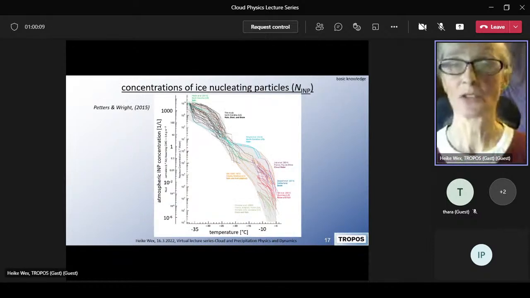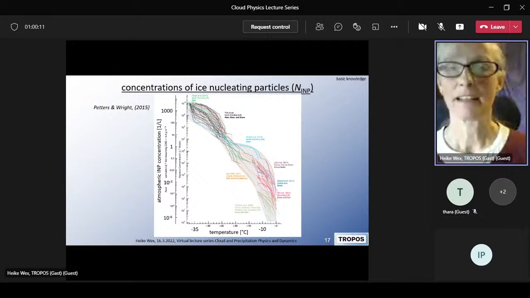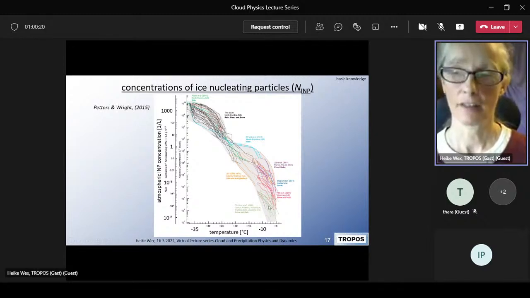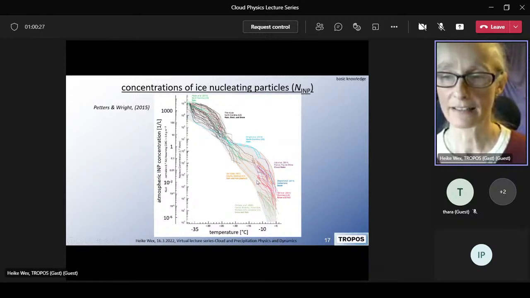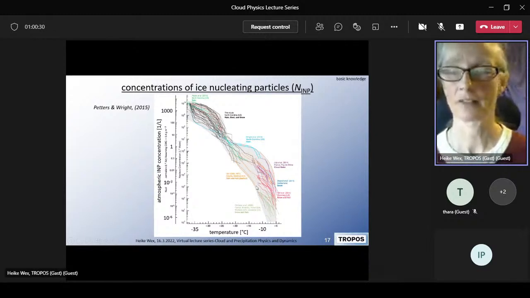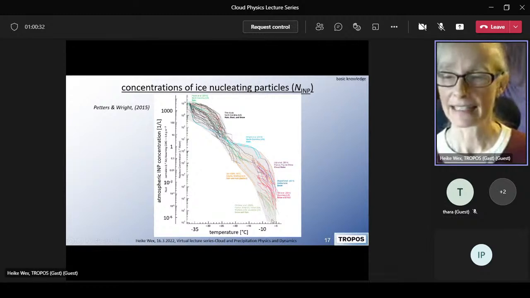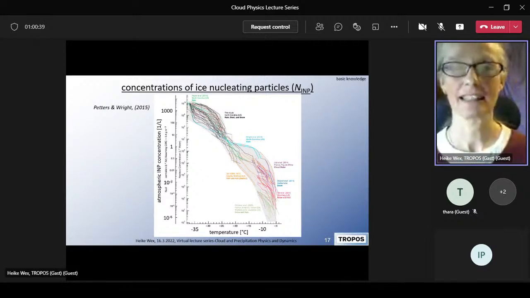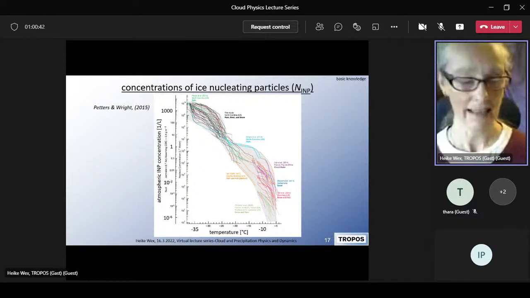And that now shows you an assembly of measured concentrations of INP from precipitation, published 2015 by Petters and Wright. They collected data from other publications, measured some of their own, and got all of these different freezing spectra. So one line here would be one freezing spectrum for one measurement. And that gray area here, that's enveloping their data; you will see that again and again in later plots now.